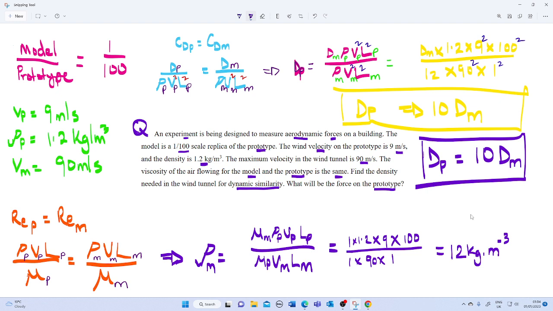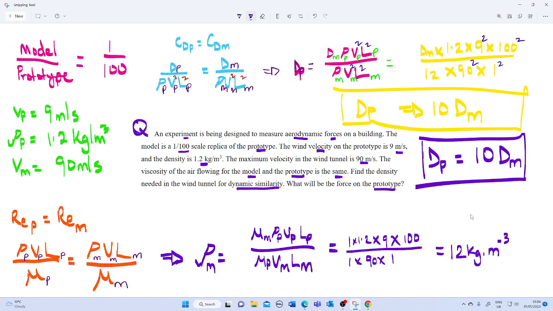First of all, is by using the Reynolds number of the prototype and the model, whereby we juxtapose the two together, either to find the density of the model or the density of the prototype.